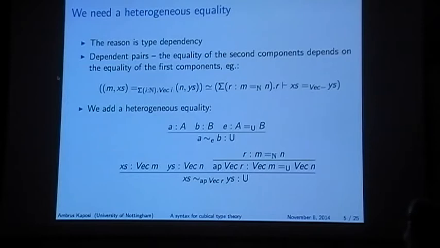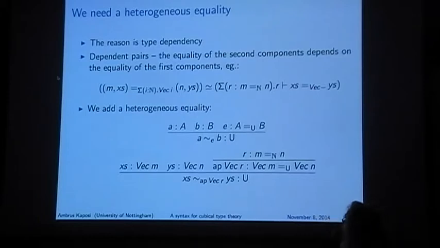That means we compare things in different types, but this is justified by the assumption R that the two numbers are equal. So we have to introduce a notion of equality which allows us to compare elements in different types where we have a proof that these types are equal. That's the notion of heterogeneous equality.